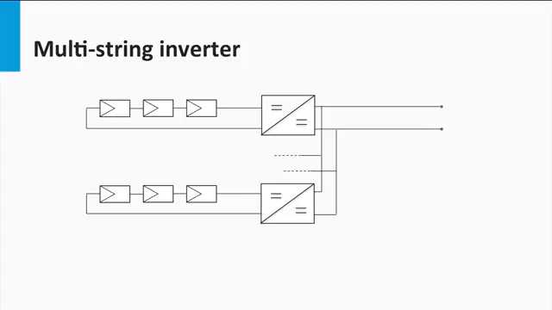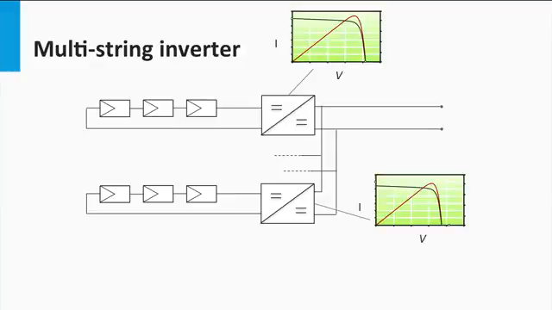Finally, the multi-string inverters. This concept seeks to combine the higher energy yield of a string inverter with the lower costs of the central inverter. Each of the strings is pre-power processed using low-power DC-DC converters. Each string has its own maximum power point tracker implemented alongside the DC-DC converter.